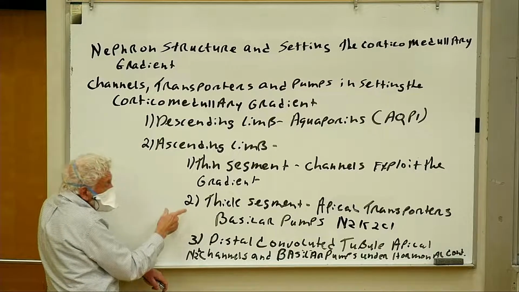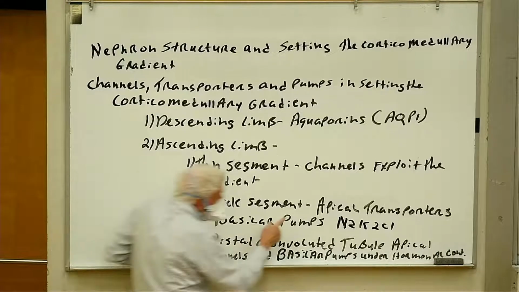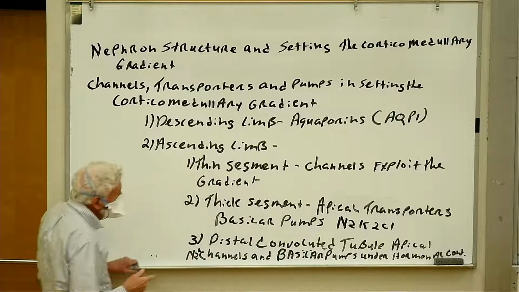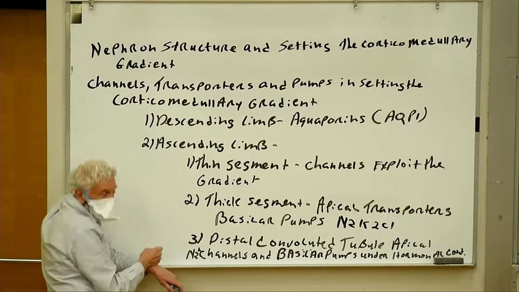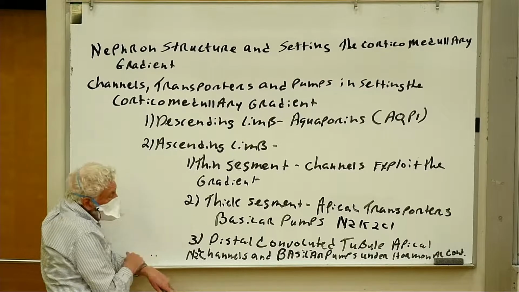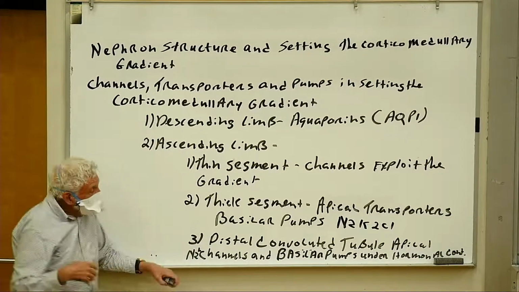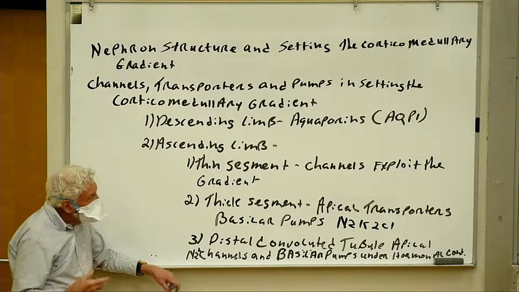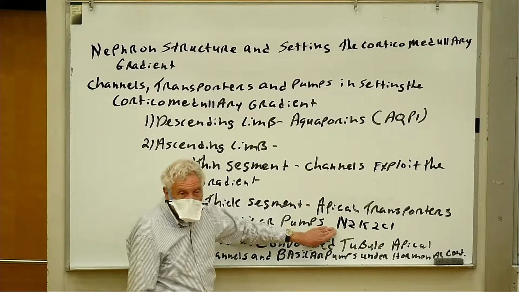Within this thick segment we have apical transporters and basilar pumps. Among these epithelial cells we have a sodium-potassium-2-chloride transporter on the apical side.